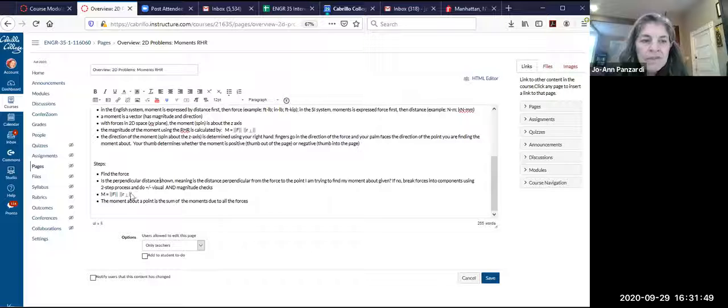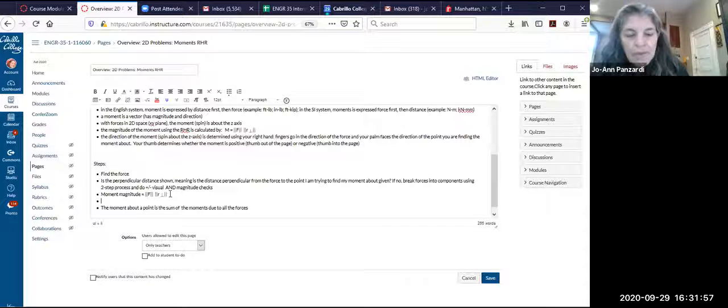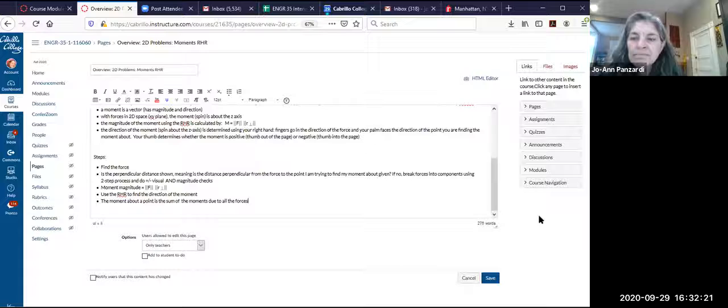And then you use the right-hand rule to find the direction of the moment. If there is more than one force, or you have the X and Y force, then the moment about the point is the sum total of all the moments. So I'm going to just save that.